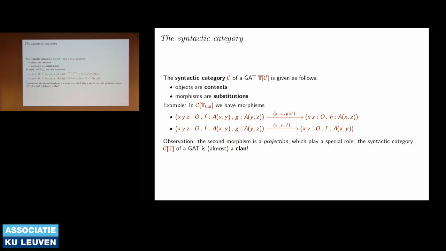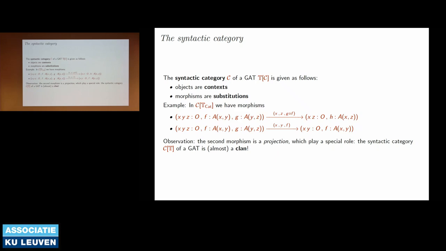Here we have a substitution from this context with 5 variables to this context with 3 variables, where in the context we have 2 composable morphism variables. So we are still in the theory of categories. And we compose them, and then we only need 2 object variables because we don't need the y anymore, because in the type of the composition, the y doesn't appear anymore.